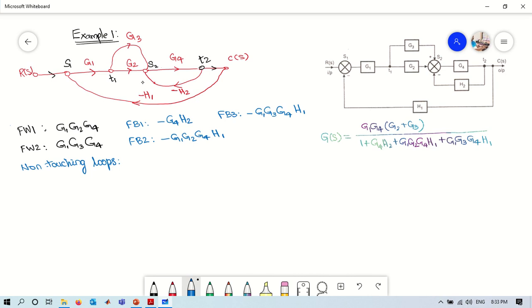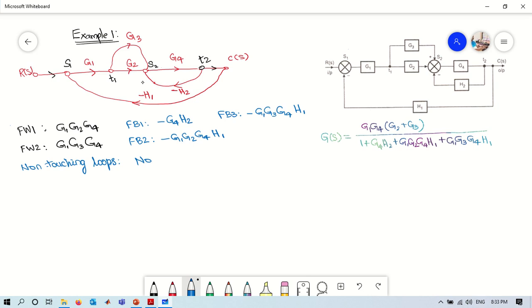And this feedback path is covering the entire system. Now if I consider G3 and G2, these two are forward paths and they do not constitute a loop. Okay, so for this particular system there are no non-touching loops.